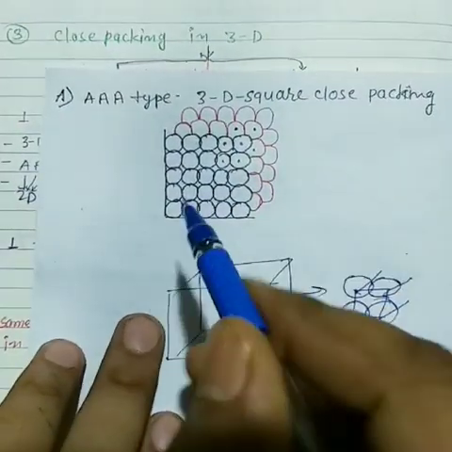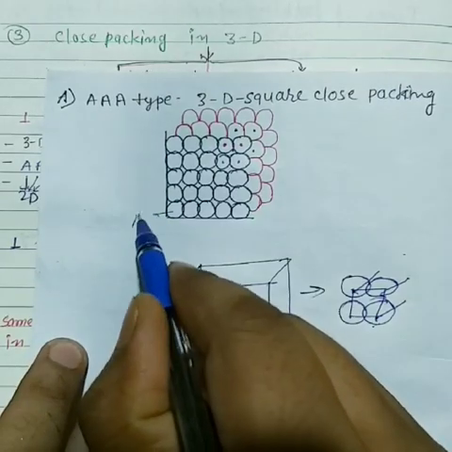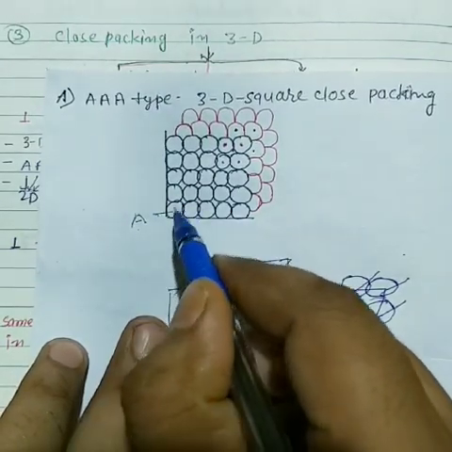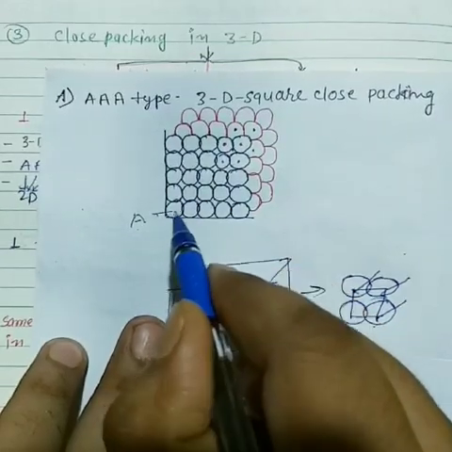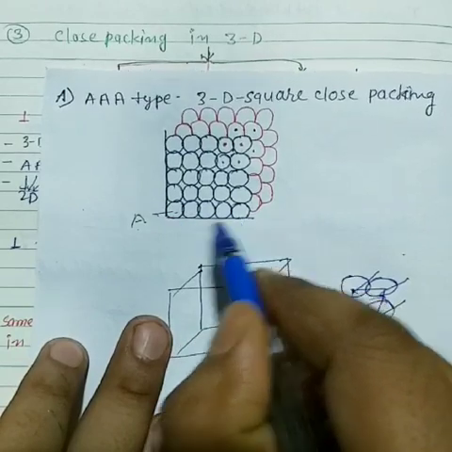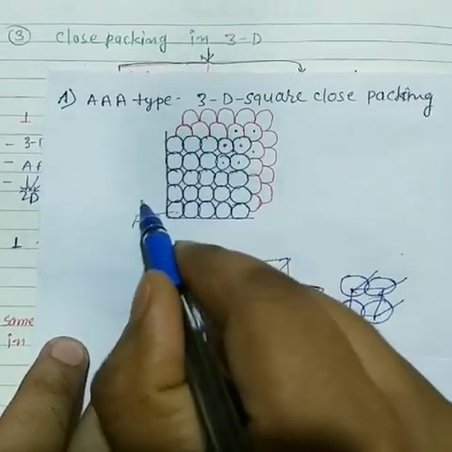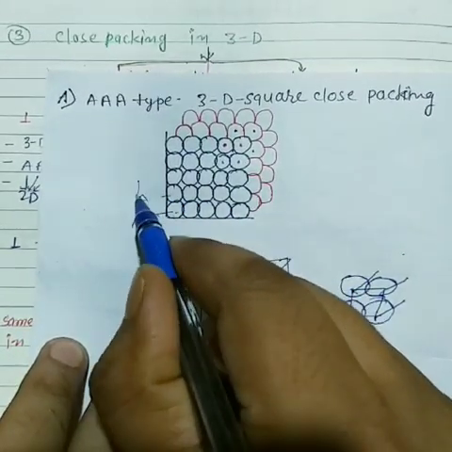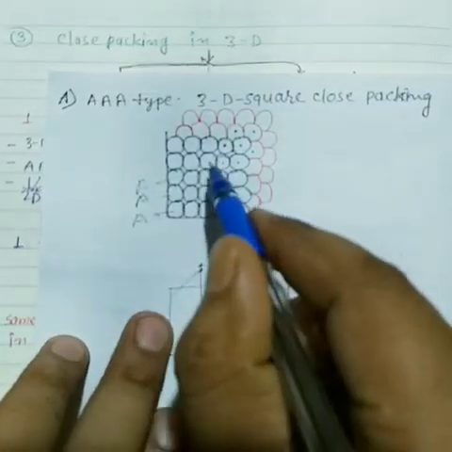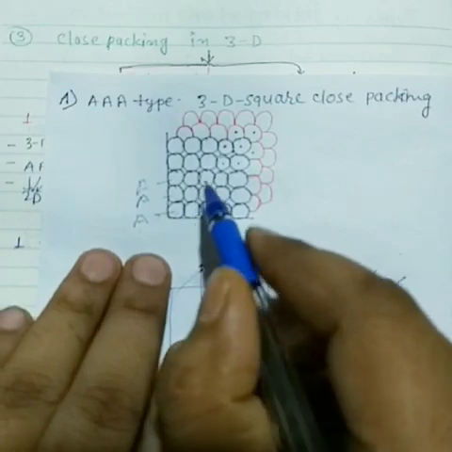Now see students, here it is pattern A. Now the same pattern is drawn above the A. That means they are aligned in the same row. The constituent particles are the same A, and the arrangement is also the same A, and every row is A. That means a similar arrangement.